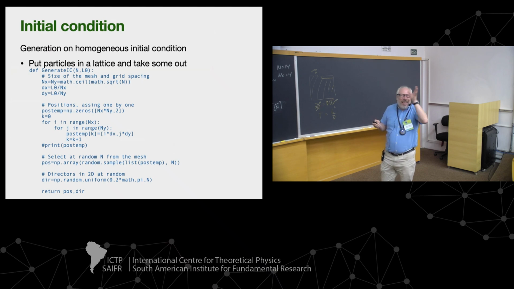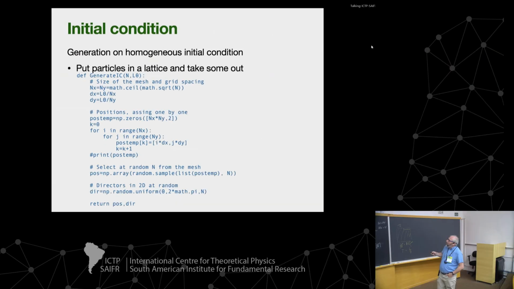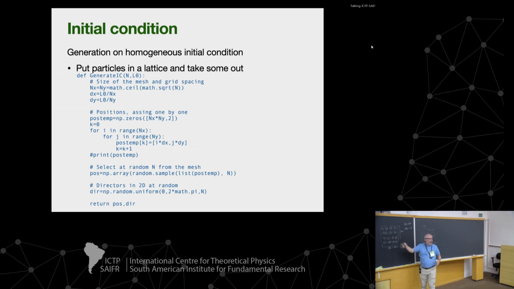There are several ways of doing that. I'm going to explain another one that we use also. You create the square grid, you put the particles at these grid positions, but you create more than n particles, not n squared.